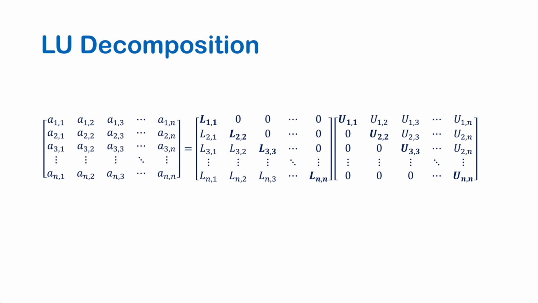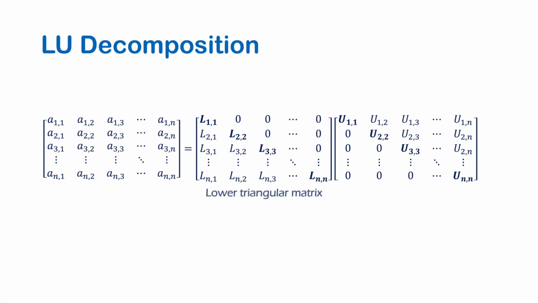This specific structure is known as LU, or lower upper matrices, and the methods used to get them are called the LU decomposition methods. In these methods, a given matrix of coefficients A is resolved into two square matrices of the same size.